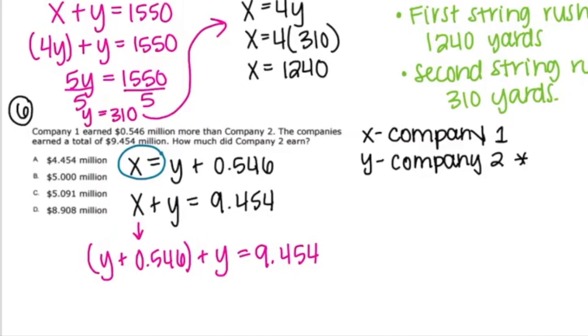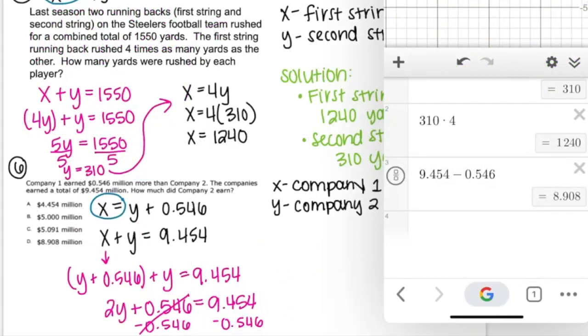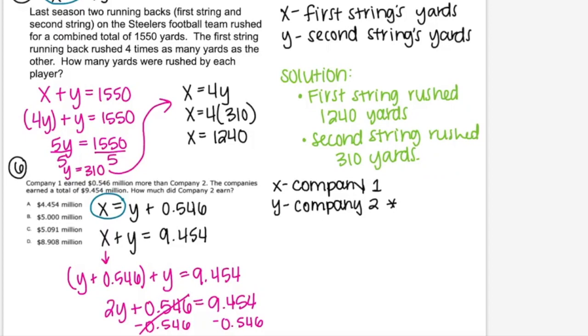And now we need to solve for y. So we have two y's here, so 2y plus 0.546 equals 9.454. Okay, we need to subtract, which is 8.908.